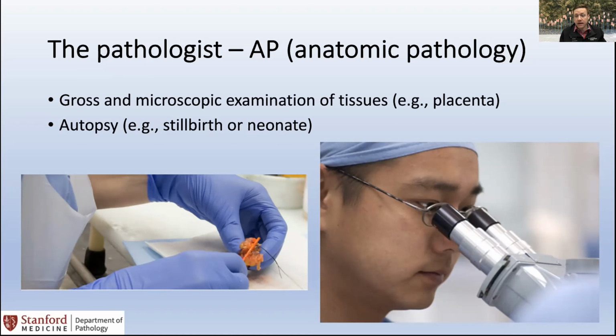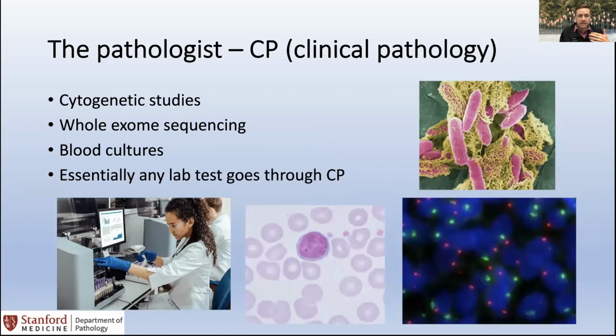There's also another half of pathology that's called CP, or clinical pathology. And clinical pathology is sort of the black box where you submit a specimen and you get an answer. Well, that's all of the tests that basically any lab does through clinical pathology. And there are clinical pathologists, along with an army of lab techs, that are providing those answers to millions of tests a year.